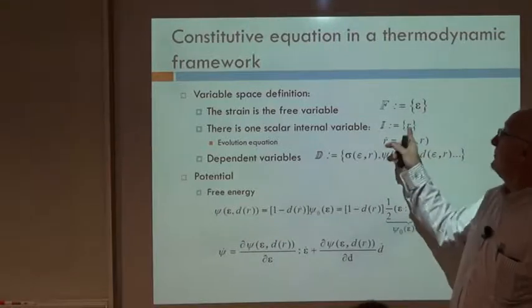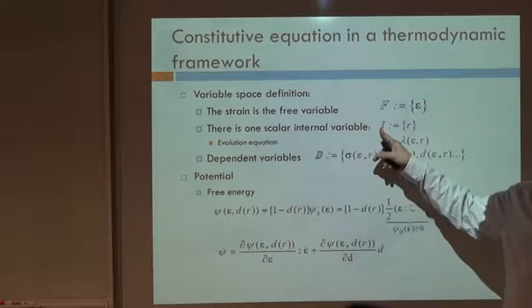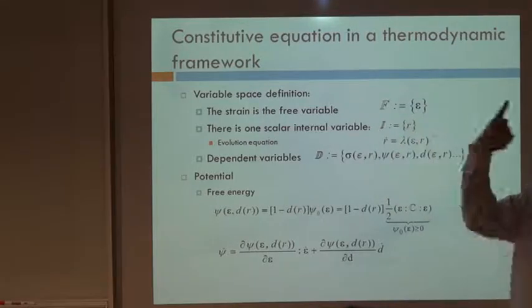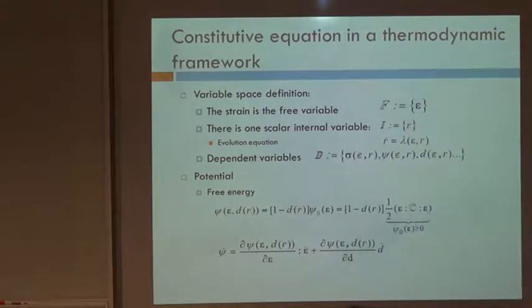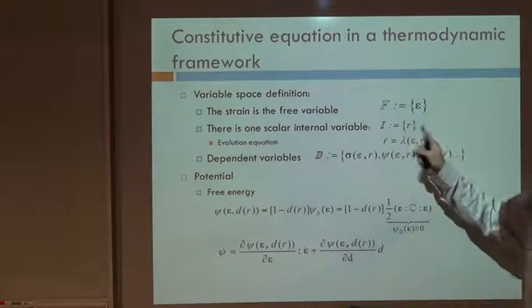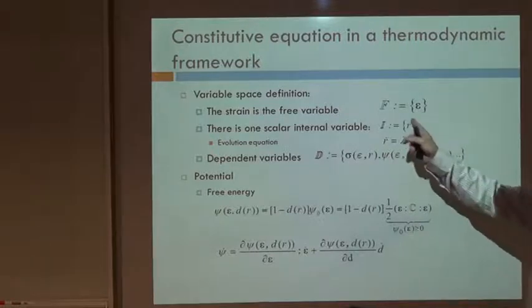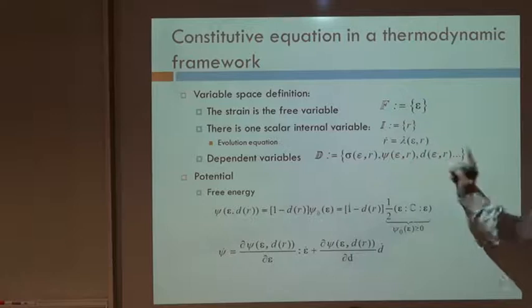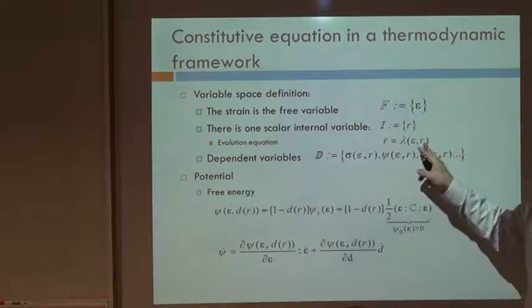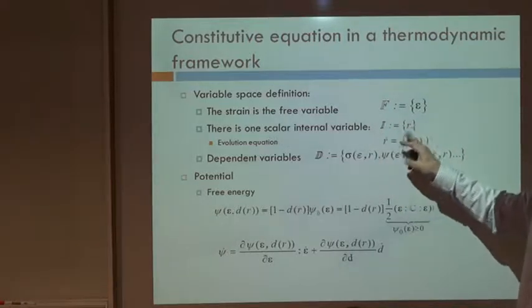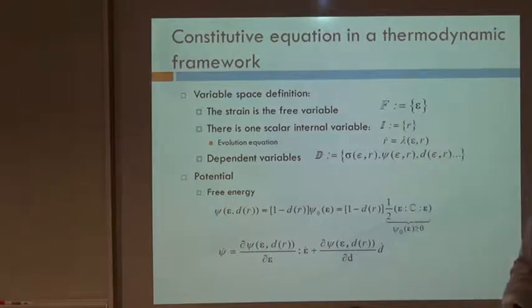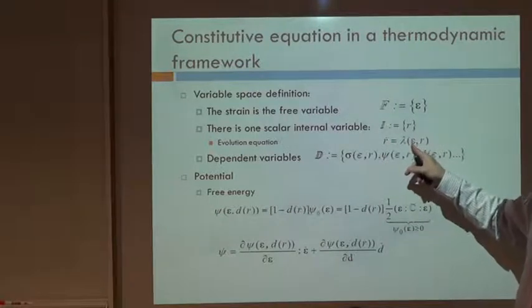Then let's consider the set of internal variables, and let's consider that we have just one internal variable. Let's call it r. And let's assume, as we said, that we need an evolution equation. We'll talk about that later on, but let's assume that this evolution equation will have the format of r dot being a function of the strains.